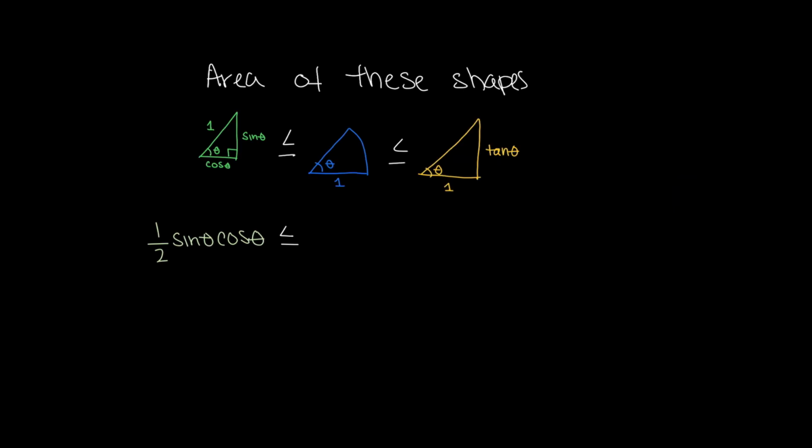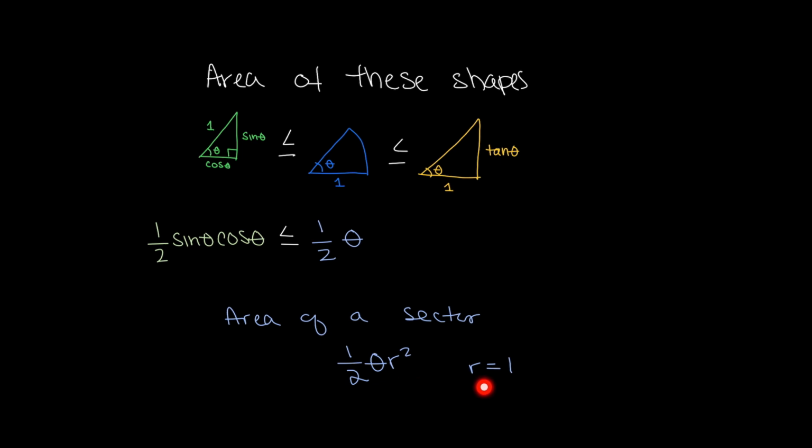And so let's actually come up with some expressions for the area of each of these shapes. Area of a triangle is 1/2 base times height. So my green triangle has an area that is 1/2 sine theta cosine theta. The area of a sector can be found by taking 1/2 theta times r squared.